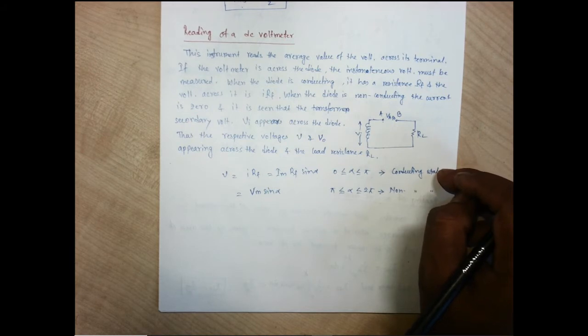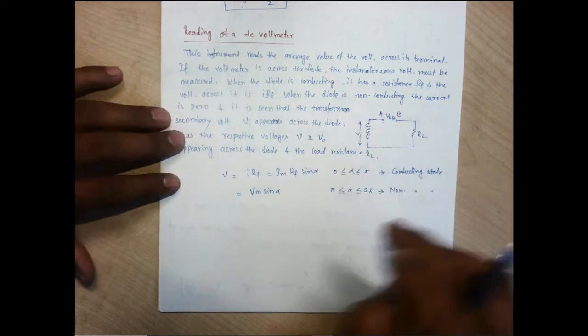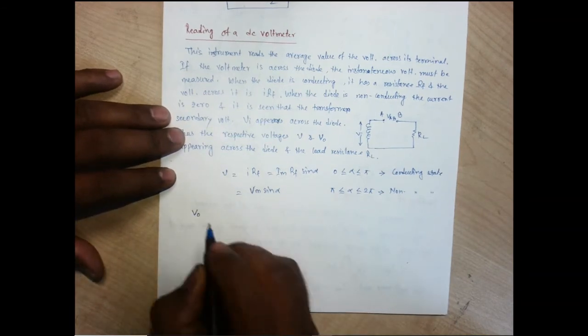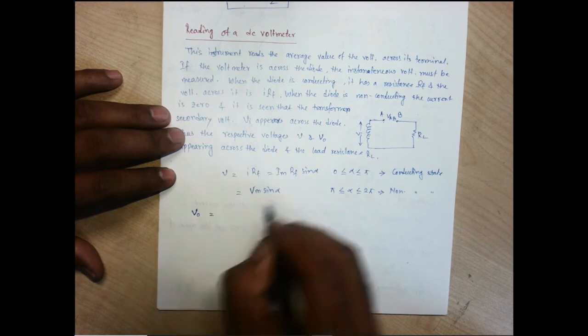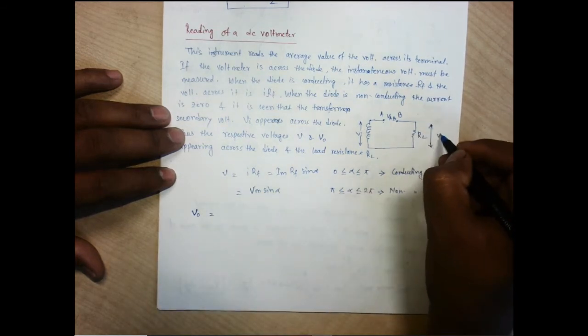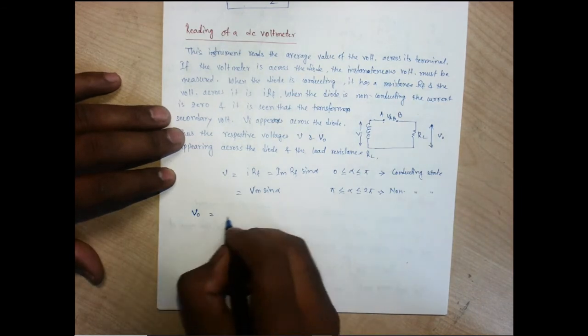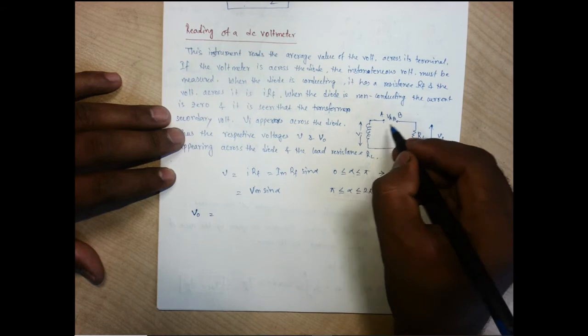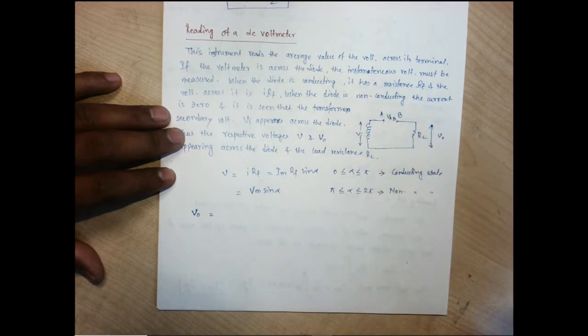Now under this conducting state and non-conducting state, what are the voltages observed across the load? That is what we need to find out. This V naught, the voltage across the load. So what will be this voltage under conducting state? The input minus the drop across the diode, right?